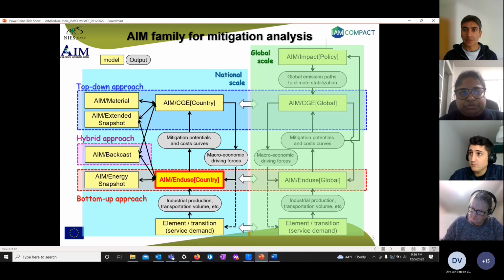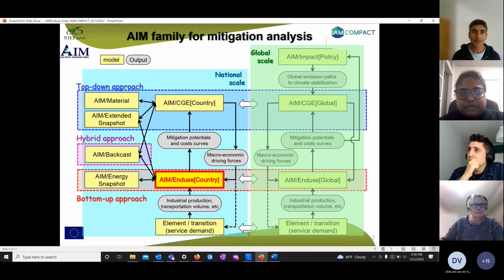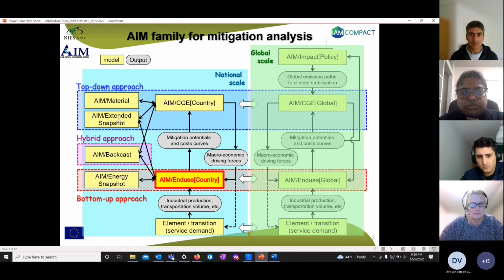So just to give a brief introduction of the AIM family of models. So we have the AIM Energy Snapshot, Backcast, extended snapshot version. I'm sorry for my voice. So these go into AIM CGE, then the Backcast and AIM Snapshot goes into the AIM Enduse country, and we have the sectoral service demand models which are going here.